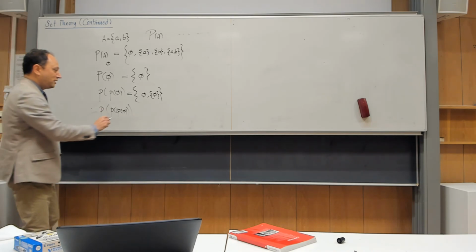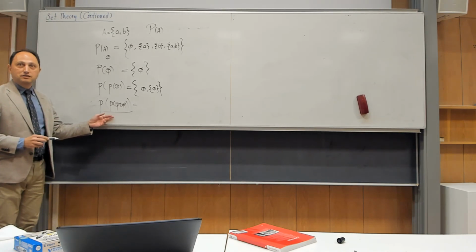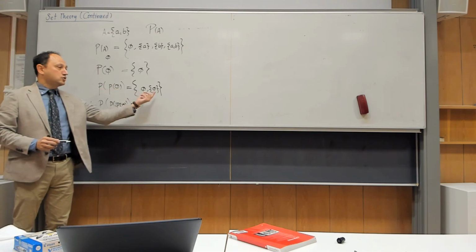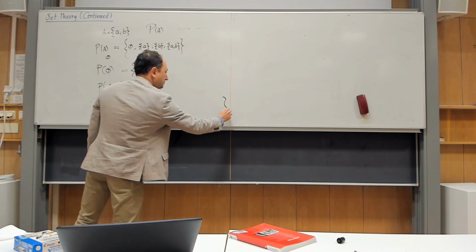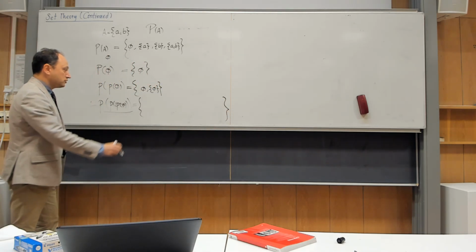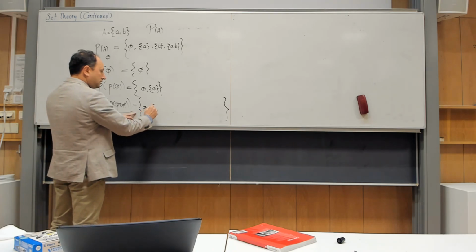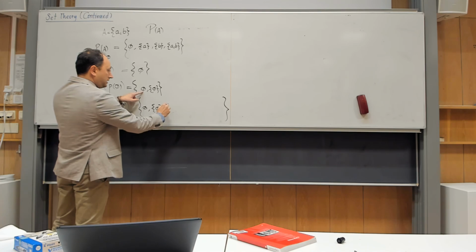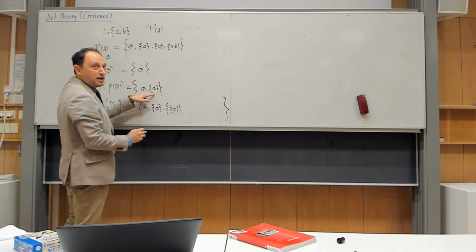So what is this one? How many elements are there before any calculations? 4. Why? Because the previous one has 2 elements. So I open a curly bracket. Let me close this, not to get confused. The empty set I should start with. And then what should I write? The curly bracket, empty set because of this. And the curly bracket, this because of that.